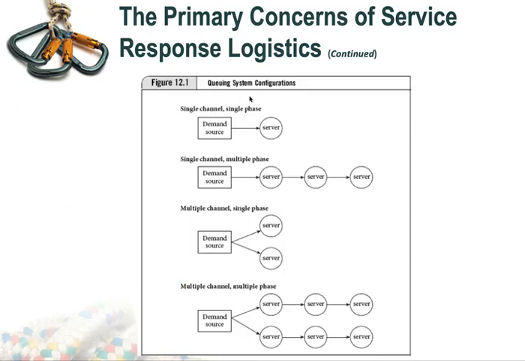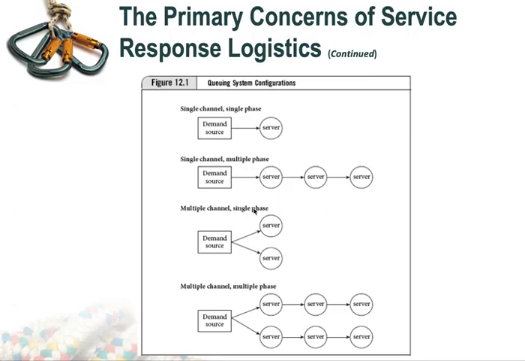This is called single channel and single phase. So the demand source is you as a customer, and then this is one server. And then single channel multiple phase: this is a customer, and then server 1, 2, 3, for example, because it's multiple phase. So process 1, process 2, process 3, each process is done by one operator.